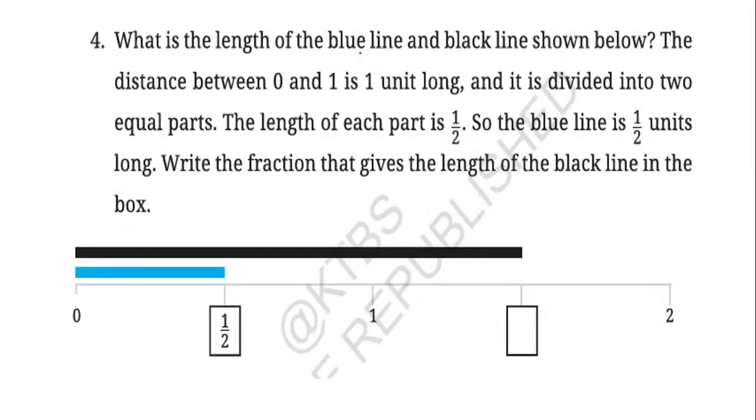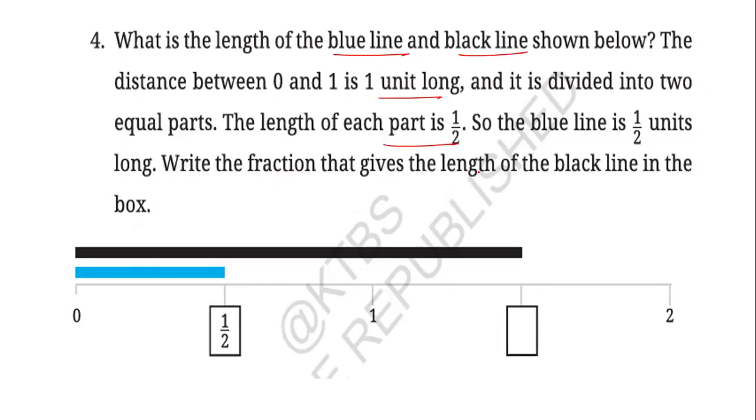Next, what is the length of blue line and black line shown below? The distance between 0 and 1 is 1 unit long, and it is divided into equal parts. The length of each part is 1 by 2, so blue line is 1 by 2 unit long.